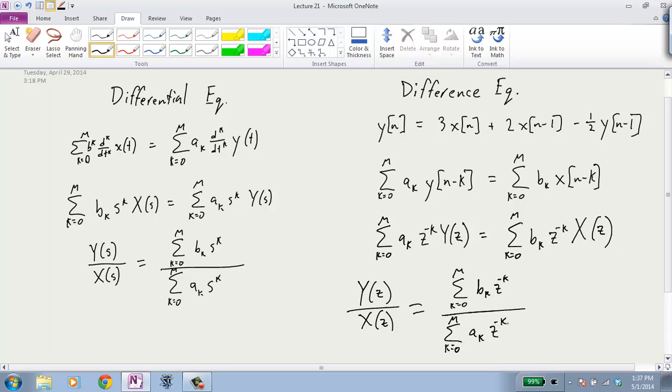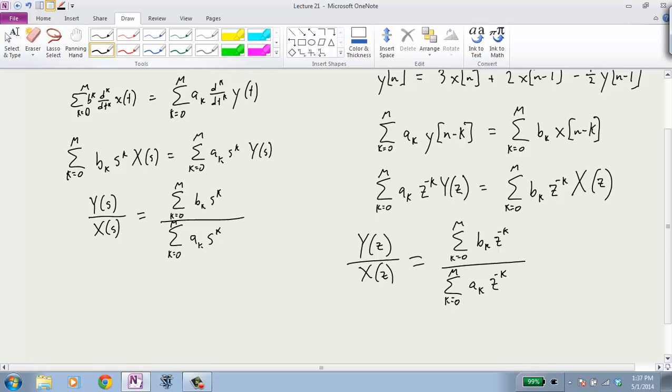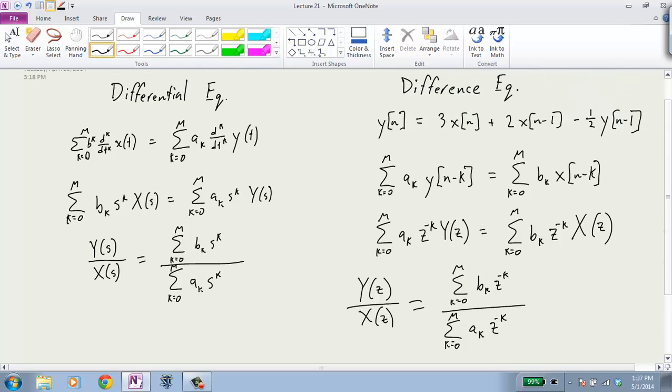Now if you want to make this look like a standard rational function, multiply by z to the m on top and bottom. You'll get positive powers of all the z's. Sometimes it's just convenient to do z transforms in terms of z inverses. Notice if I had redefined this difference equation to be plus k instead of minus k, this would all be positive z's.